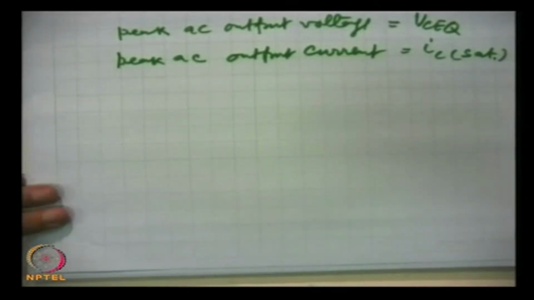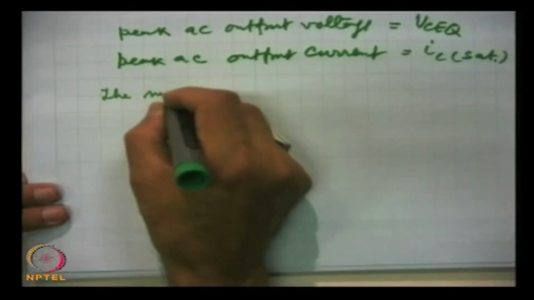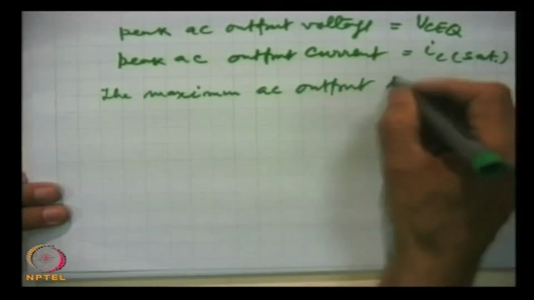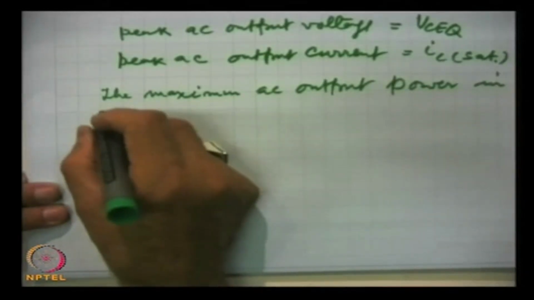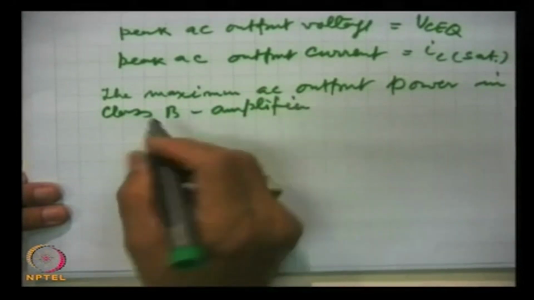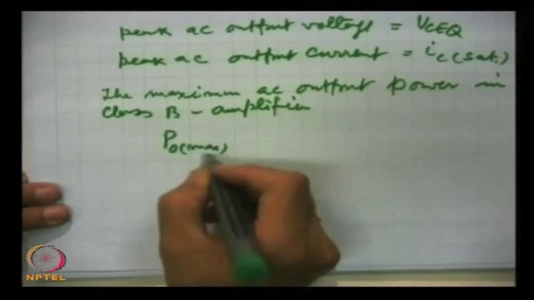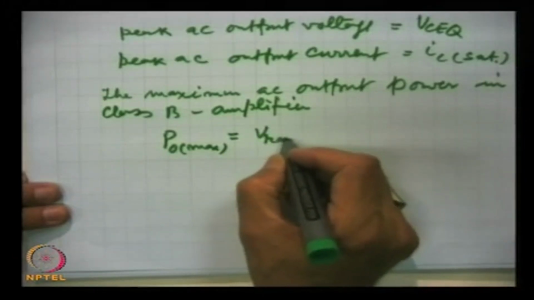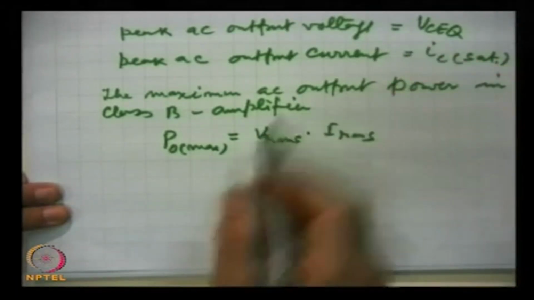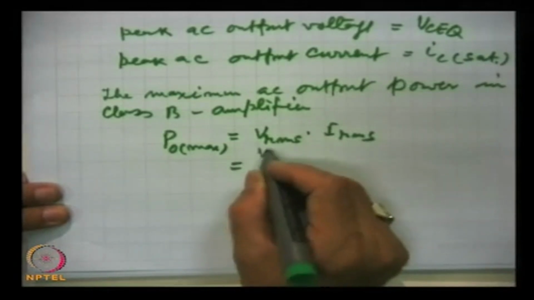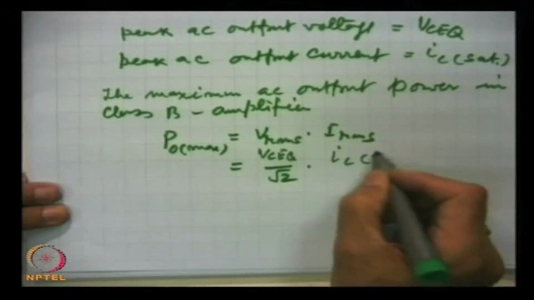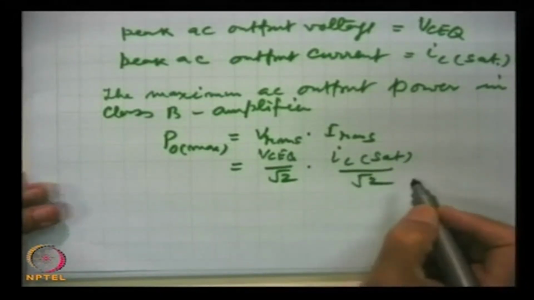Then the maximum AC output power in a class B amplifier, PO max, is equal to VRMS into IRMS. These are peak values, and hence this is VCEQ by root 2 and IC sat by root 2.